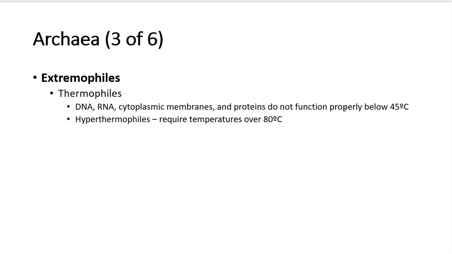Body temperature is 37. So they don't function below about 105, 106 Fahrenheit. And then you have the hyperthermophiles, which require temperatures over 80 Celsius. So this is getting really hot.